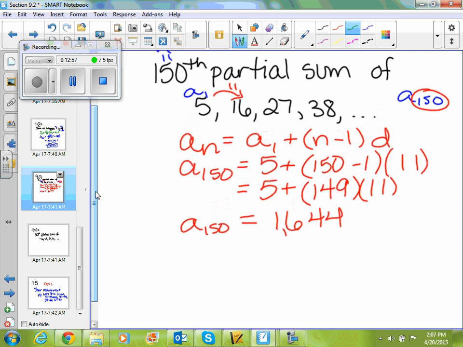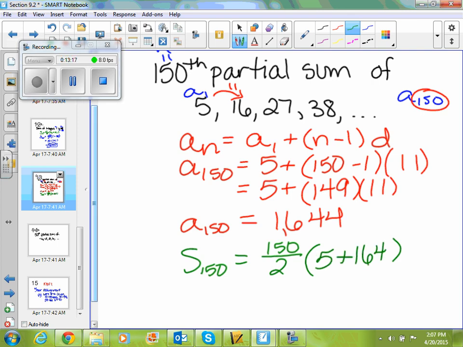And now I do the other formula. So the sum of my 150th term of this sequence is equal to the number of terms, so 150 divided by 2, times my first term, which is 5, plus my last term, which is 1,644.